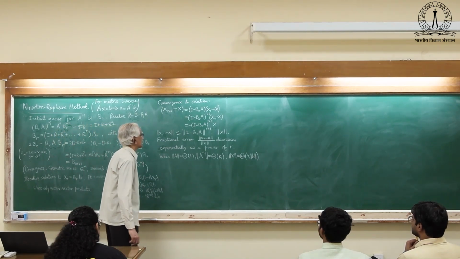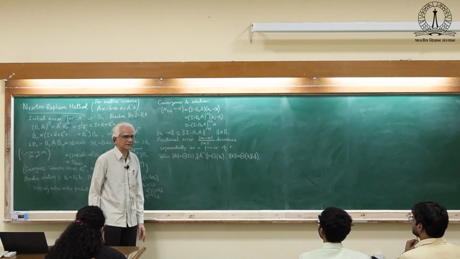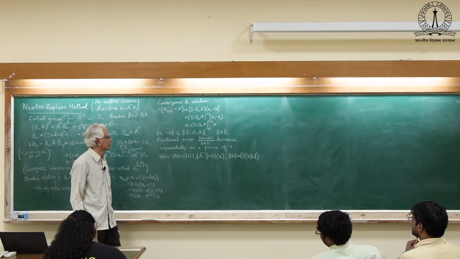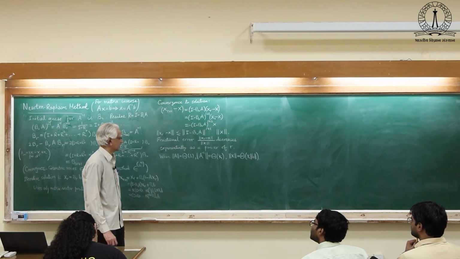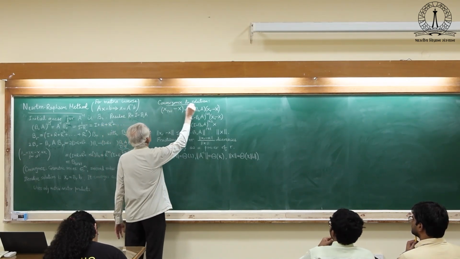So now comes the next question. How are you going to choose this initial guess? You have to find something which guarantees a convergence.